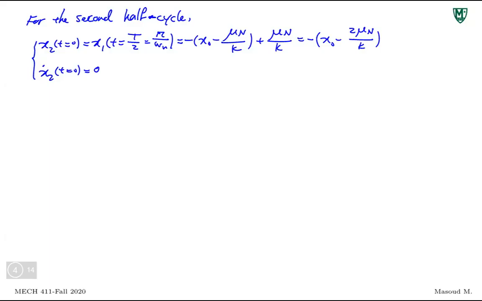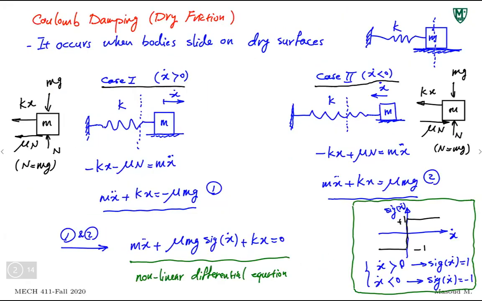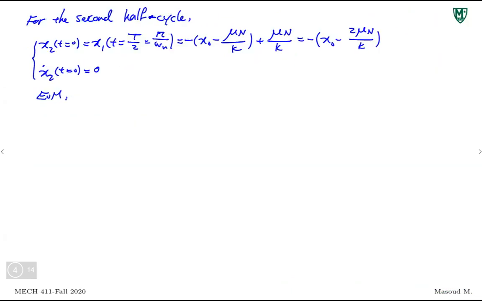Now this, along with the equation of motion that we had for that half cycle. Remember, equation of motion 1: m x double dot plus kx is equal to minus mu mg. I'll go with mu n in this case. So the equation of motion was m x double dot plus kx is equal to minus mu n.